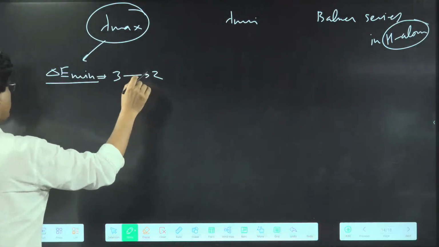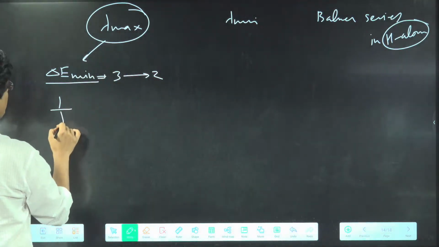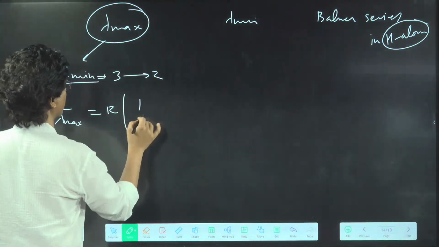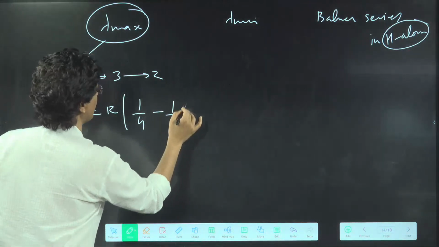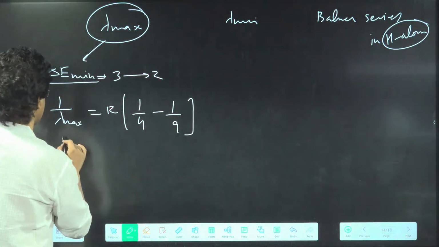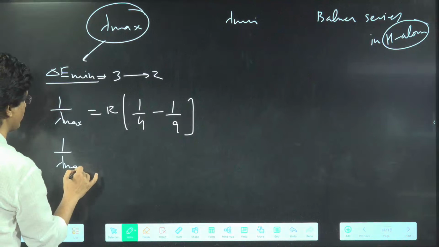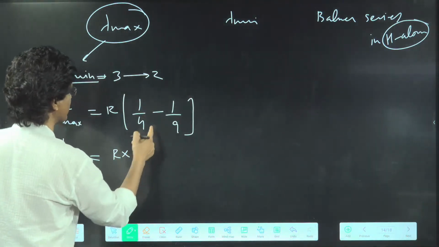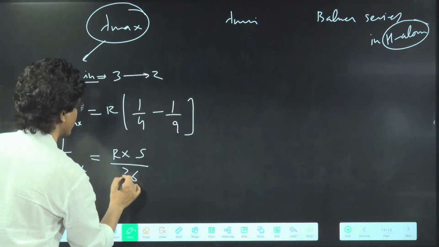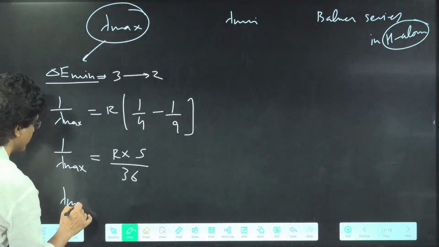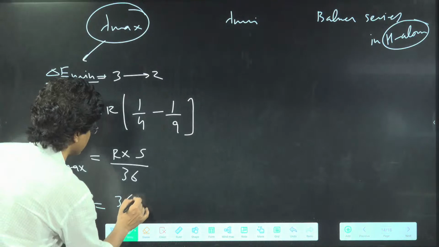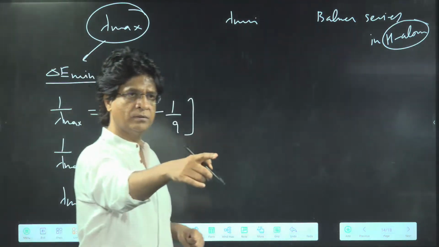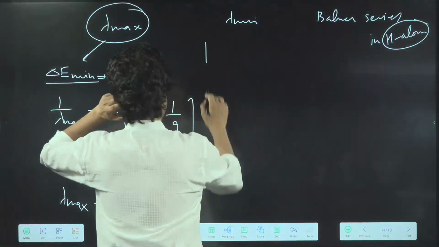Now 1 upon lambda max will be R times (1 upon 2 square minus 1 upon 3 square), which is R times (1 upon 4 minus 1 upon 9). 9 minus 4 is 5 upon 36. So lambda max will be 36 by 5R. Very good.